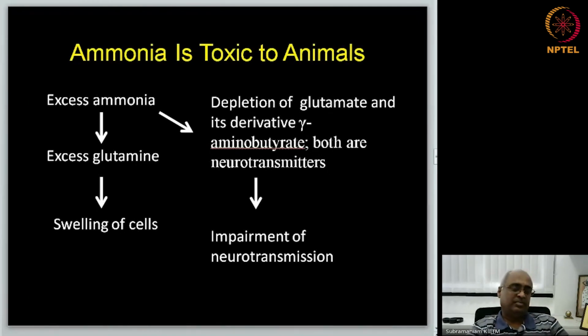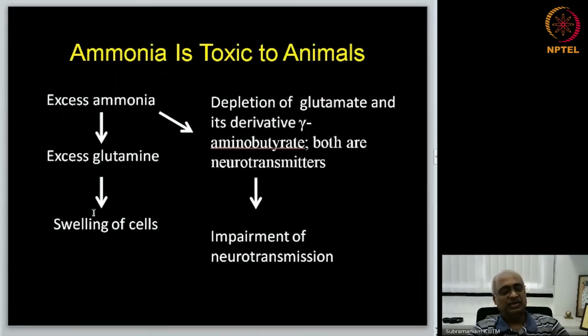So now what about ammonia? We made ammonia wait for some time, now we catch up with it. Excess ammonia is bad because it's toxic. Excess ammonia availability will, by the glutamine synthetase reaction, make excess glutamine, and glutamine is an osmotically active molecule causing osmotic imbalance. Water will flow from low glutamine concentration to high glutamine concentration inside the cell, so the cell will swell up.